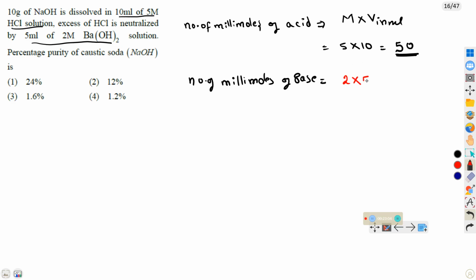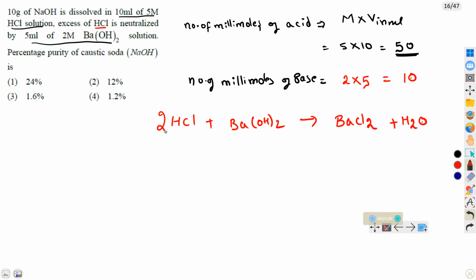Here acid is HCl, base is Ba(OH)2. 5 into 2 is equal to 10 millimoles. HCl plus Ba(OH)2 gives BaCl2 plus H2O. 2 chlorines, so 2 moles of HCl, 2 moles of H2O.